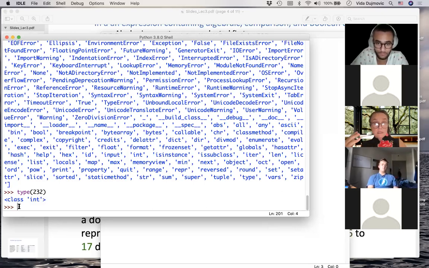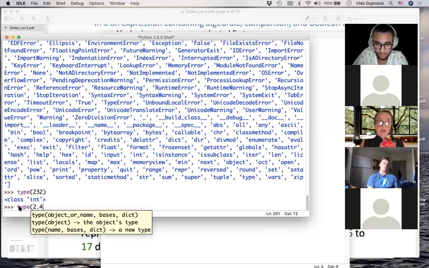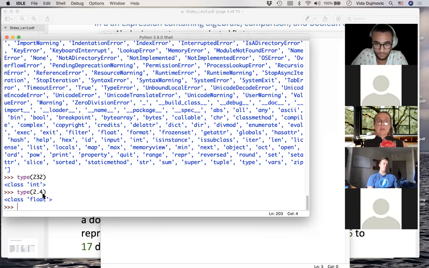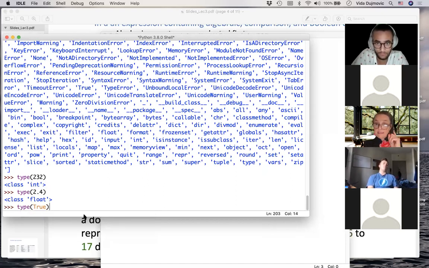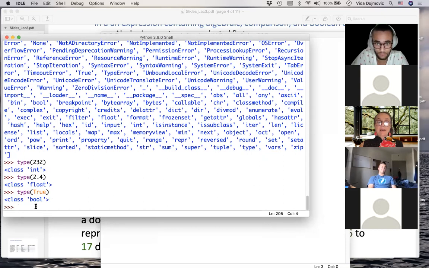You can do that for every type of value that exists in Python, even later on when we design our own data types. For now, we are working with data types that somebody else created for you, and they created integers and floats. So 2.5, it's telling you that that's a float. And finally, we saw another data type, True with a capital T. It's telling you that that is a Boolean.